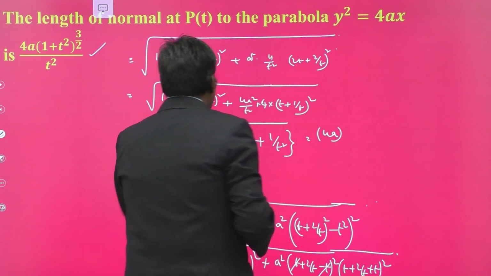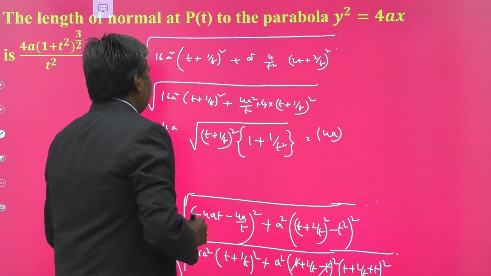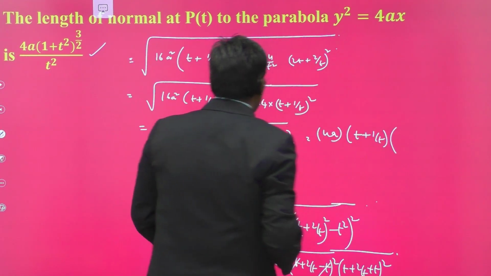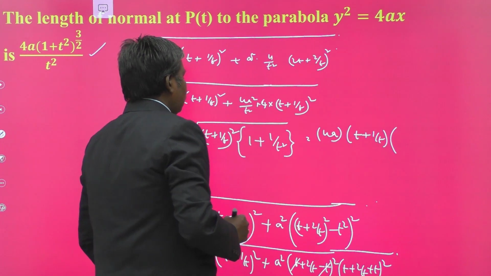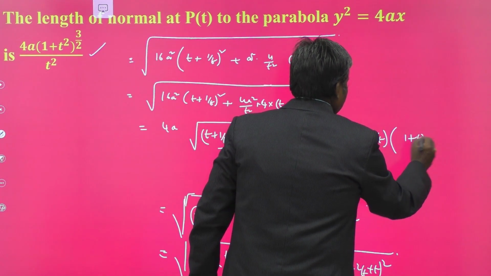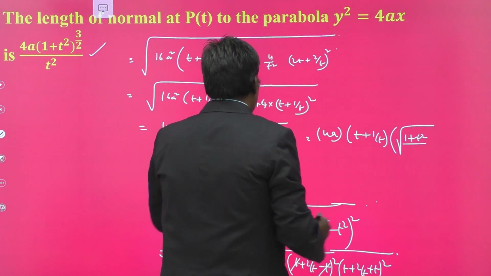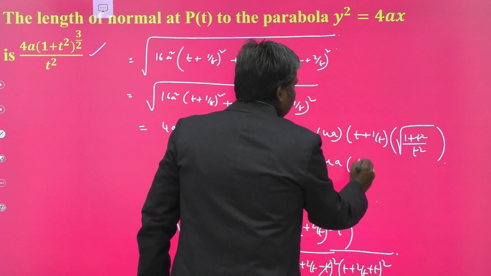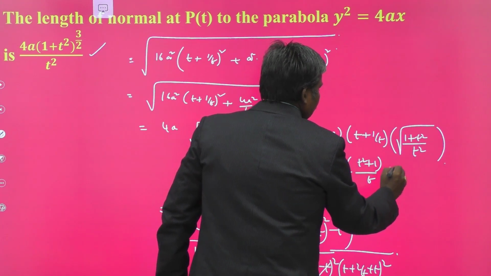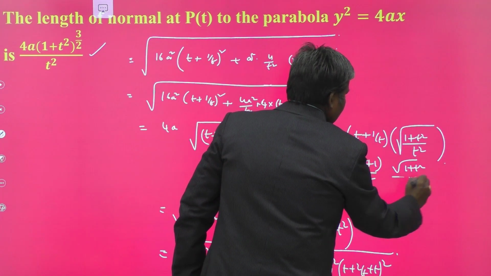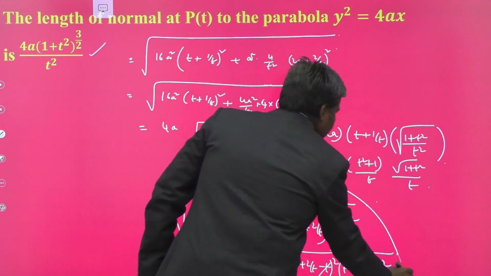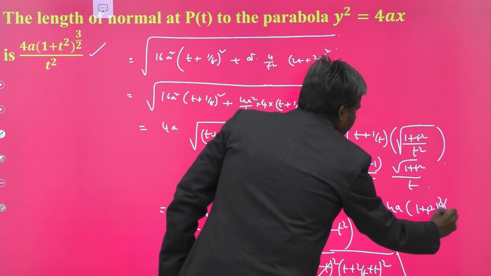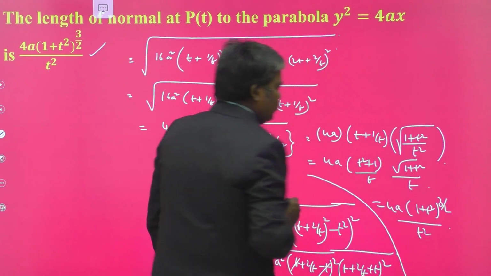That is nothing but 4a into, if you take (t plus 1 by t) common, that becomes (t plus 1 by t) into root of (1 plus t square) by t square. This is nothing but 4a into (t square plus 1) by t into root of (1 plus t square) by t. This is nothing but 4a into (1 plus t square) whole to the power of 3 by 2 by t square.